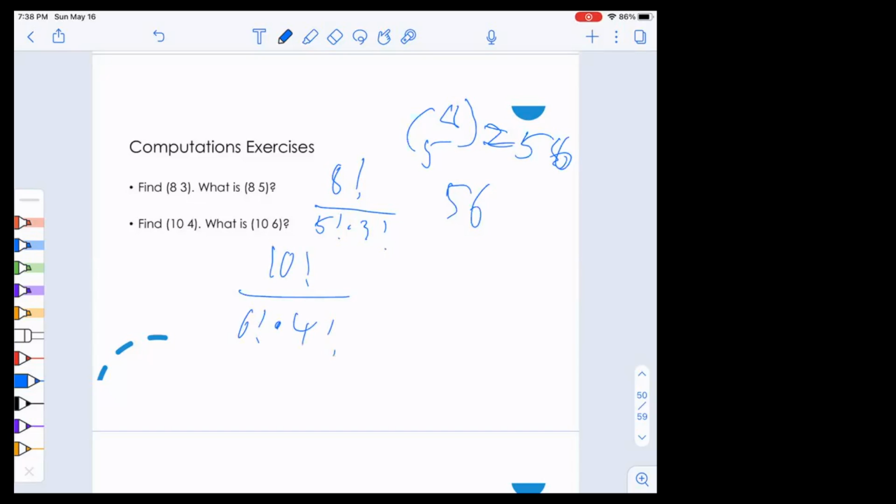And what we have is 10 times 9 times 8 times 7 over 4 times 3 times 2. And we just cancel all this out. And this is going to be 210. And the other one is also going to be equal to it.